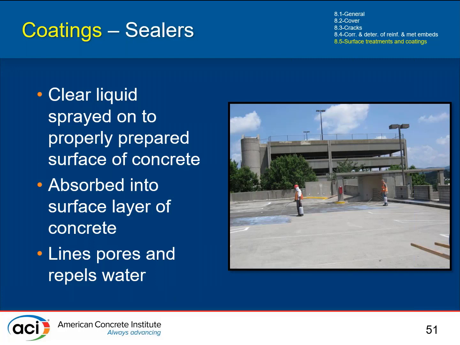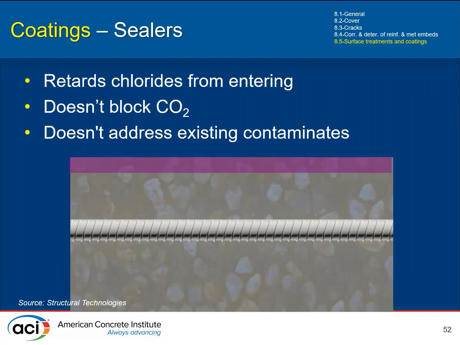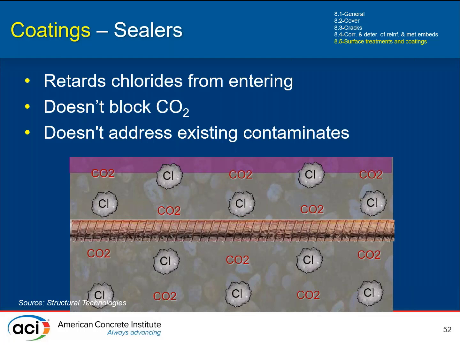The nice thing about it is that at the end of the day, you can't tell visually that you have it. It does retard the chloride from entering, but unfortunately, because of the size of the molecule, it doesn't really help much with carbon dioxide. And the important thing about all these coatings is that they're not magically disappearing. They're still there.